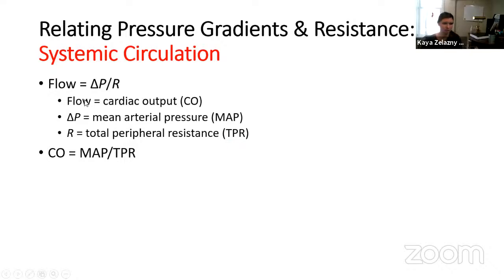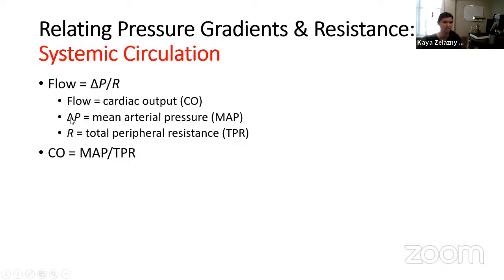So for our flow, when we're talking about the cardiovascular system as a whole, we're talking about all the blood that we're sending out to the body. And we saw a measure of all the blood sent out to the body by the heart when we were talking about our cardiac muscle, and we were talking about our heart at the end of ANP1. So flow, as we're talking about it now, is really cardiac output, the blood sent out by the heart, abbreviated CO.